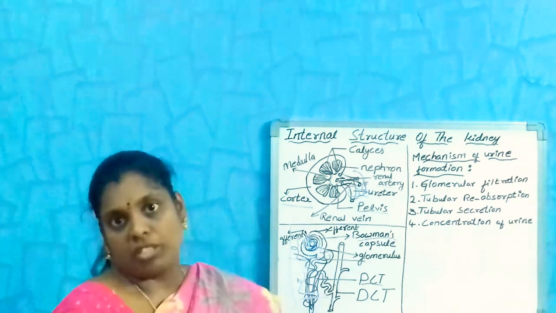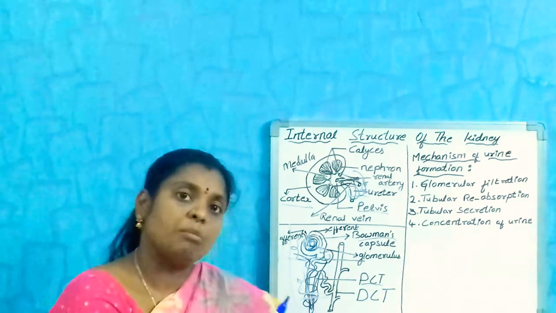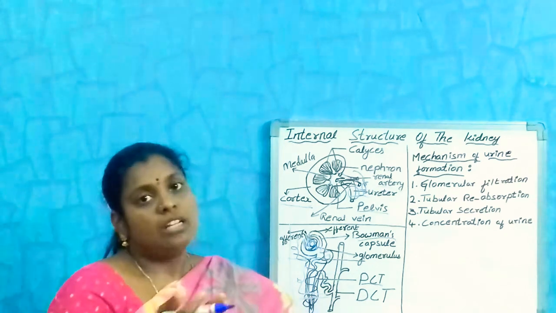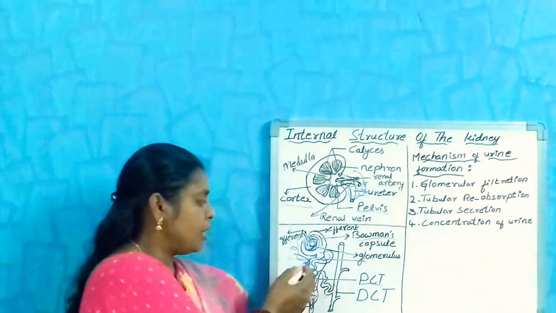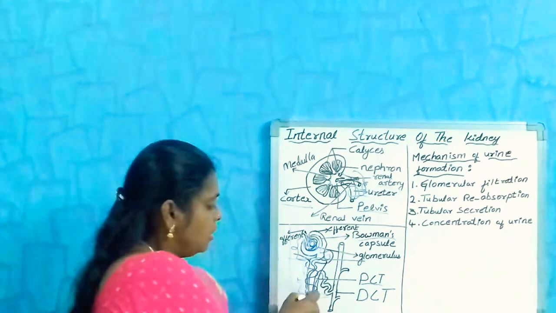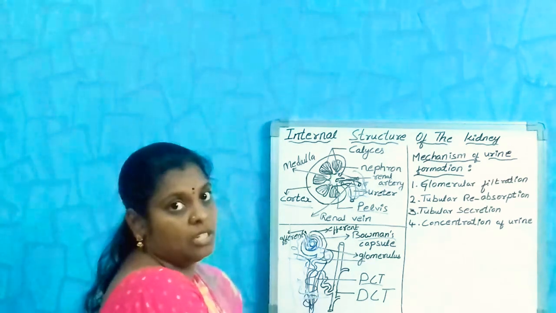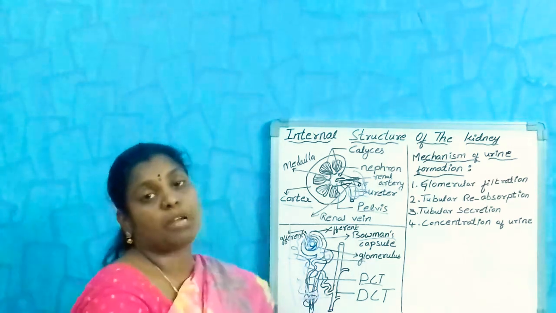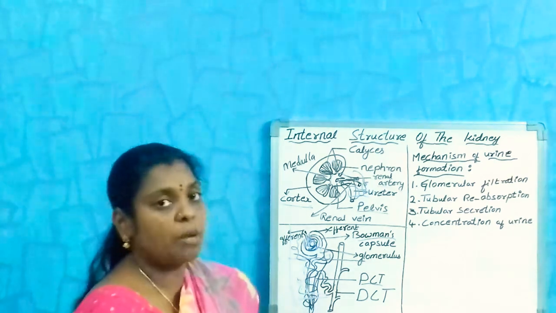So we call it primary urine in the PCT. Because it also contains some nutrients and important substances, they must be removed. That's why we call it primary urine, with the same composition as the blood.